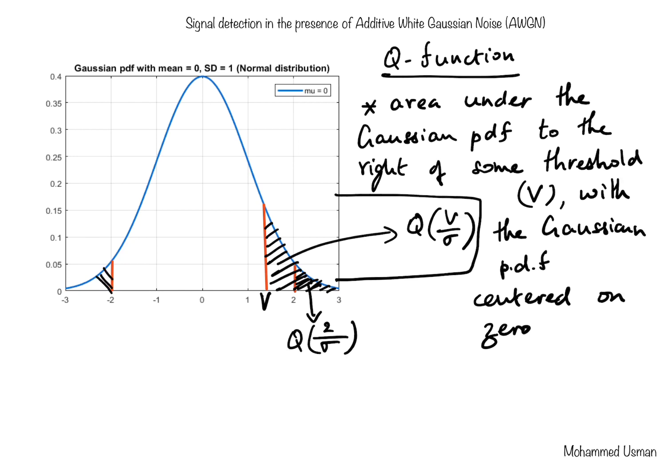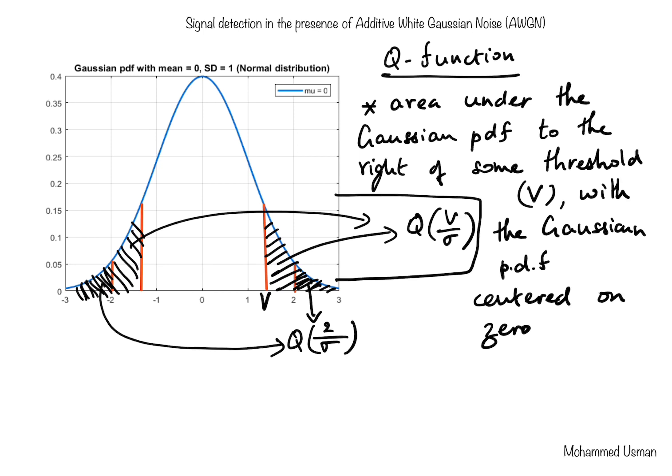So if you mark this area here, that would be the same as Q of 2 by sigma. And if we choose any other value, for example, the general V that I took, say between 1 and 2, and I mark out this entire area till infinity, then that is the same as Q of V by sigma, because this is just the area under the curve.